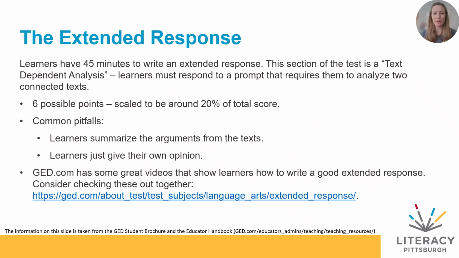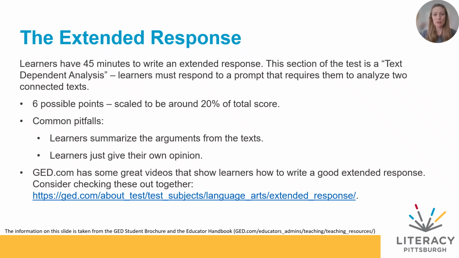As part of the RLA test, students have 45 minutes to write an extended response essay. During this part of the test, students are usually asked to read and respond to 2 connected texts, often showcasing opposing viewpoints. The essay is a text-dependent analysis, not an opinion piece.